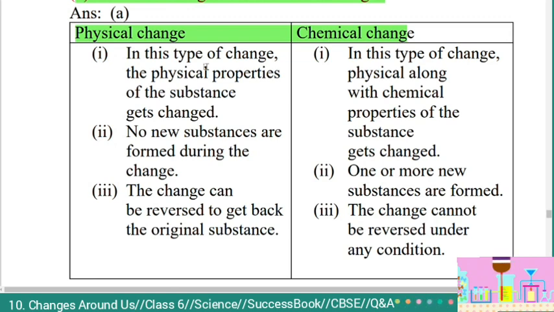Second point, in the physical change, no new substances are formed during the change. In the chemical change, one or more new substances are formed. Third point, the change can be reversed to get back the original substance in the physical change, and in the chemical change, the change cannot be reversed under any condition.